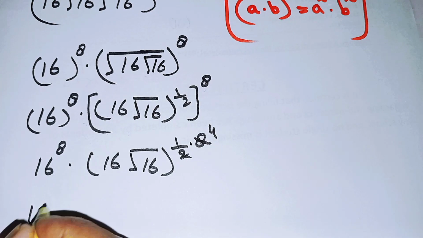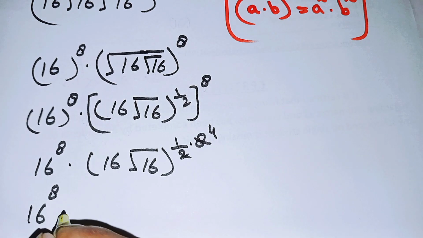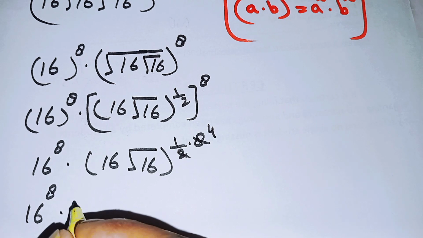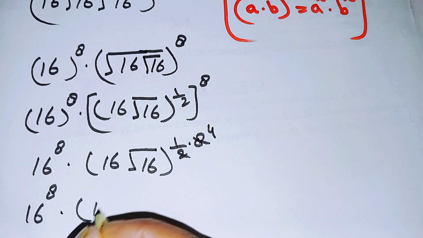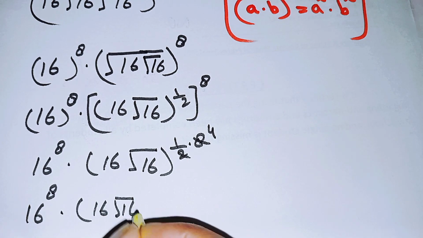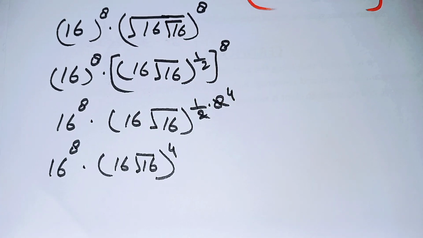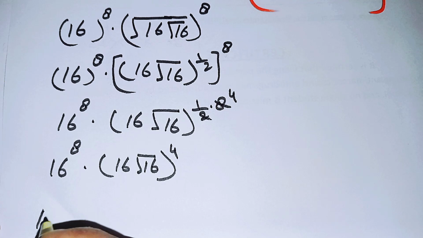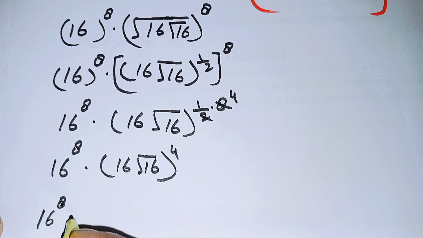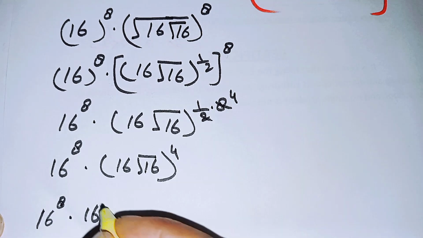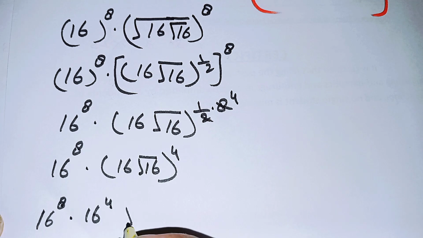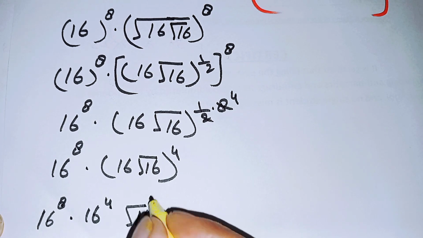So here 16 to the power of 8 times 16 square root 16, and the whole thing to the power of 4. So here in the next step is 16 to the power of 8, then times this 16 to the power of 4, and square root 16 to the power of 4.